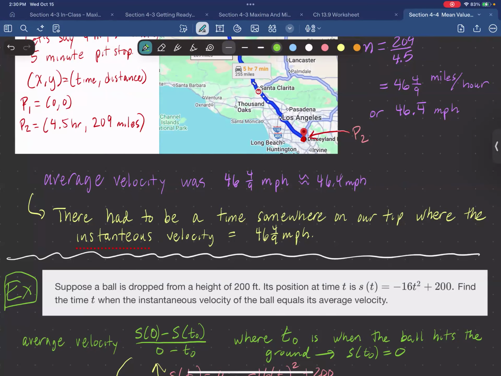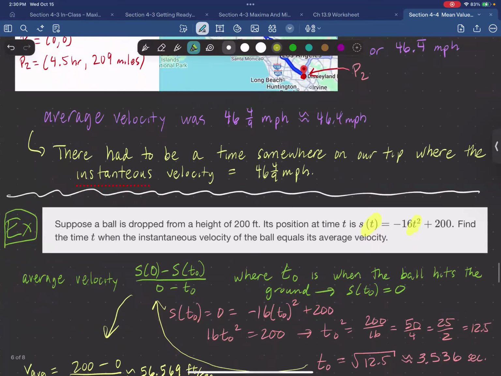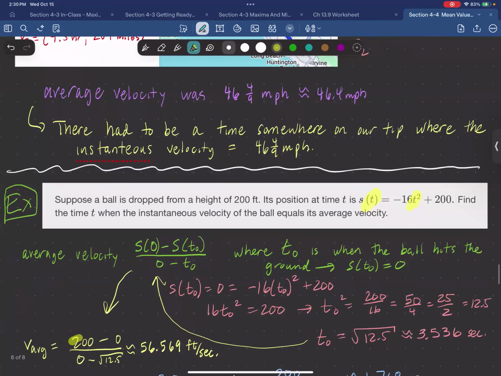You'll notice if I stick in 0 here, I get 200 for s of 0. So s of 0 is 200, and I need s of t naught. I solve for that right here.